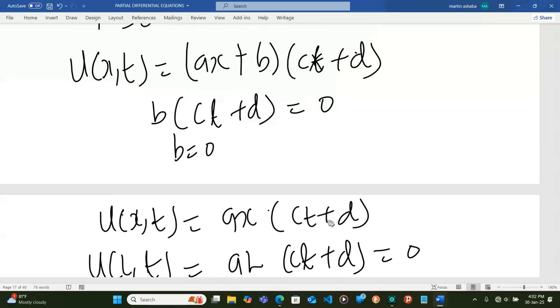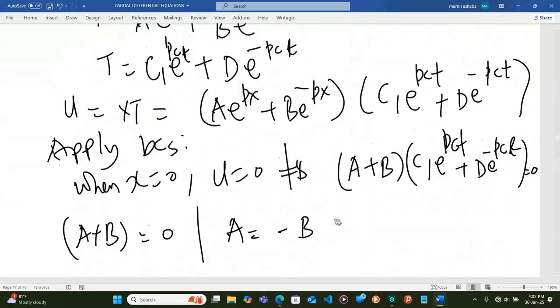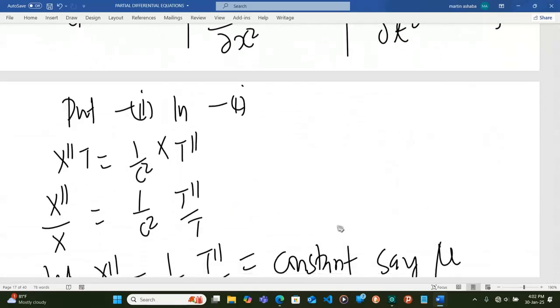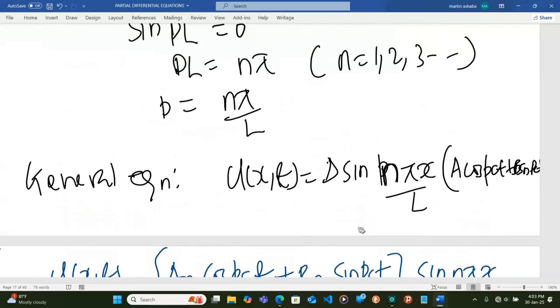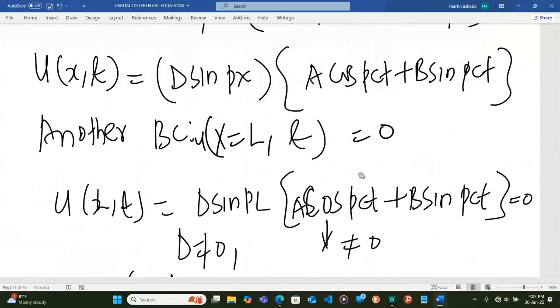Then the two solutions are of the form X equals a cos px plus b sine px, and T equals c cos cpt plus d sine cpt. So you find the general solution that we put down earlier.